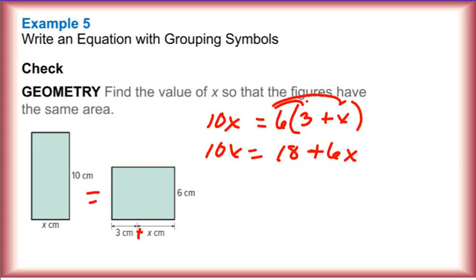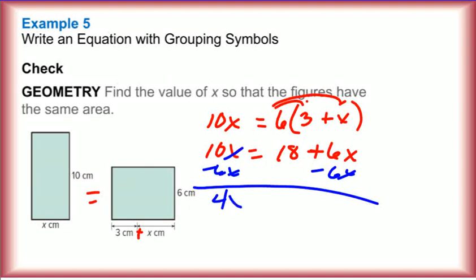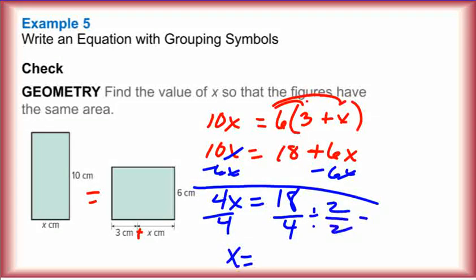To get my x's to one side, I'm going to subtract 6x, and I'm left with 4x equaling 18. To get x by itself, I divide by 4, and I'm left with x equaling, I can divide this by 2, which will give us 9 halves, 4.5.